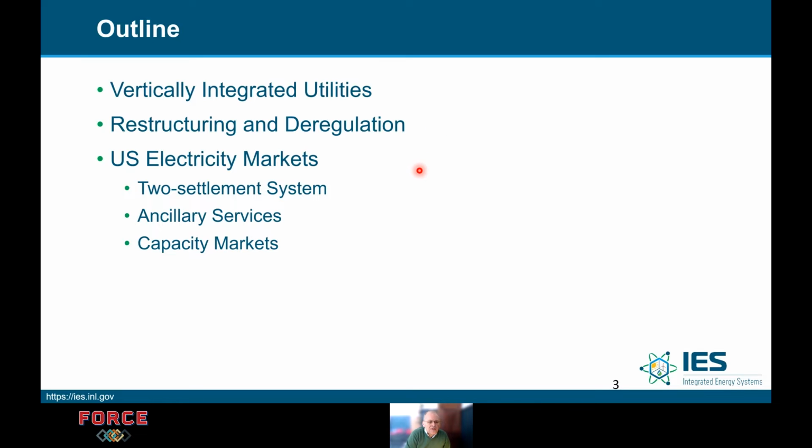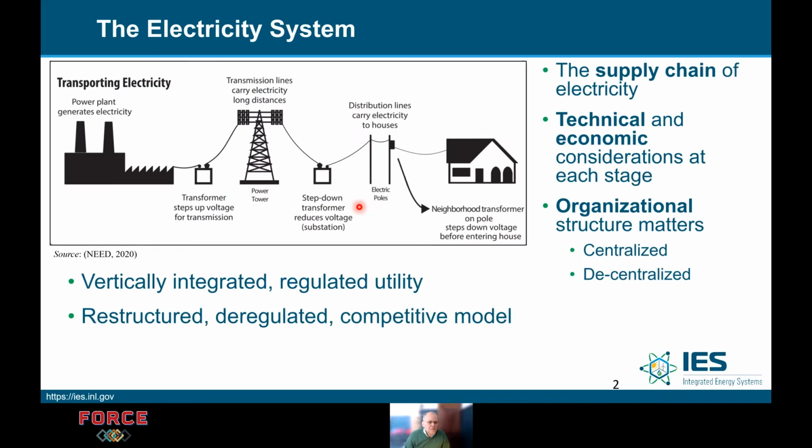I'm also going to talk about the U.S. wholesale electricity markets, including the two-settlement system, which you might have heard referred to as the day-ahead market and the real-time market. Also a little bit about ancillary services and capacity markets. But when I get into this portion on electricity markets, it's really about managing this interface right here that we'll be talking about.